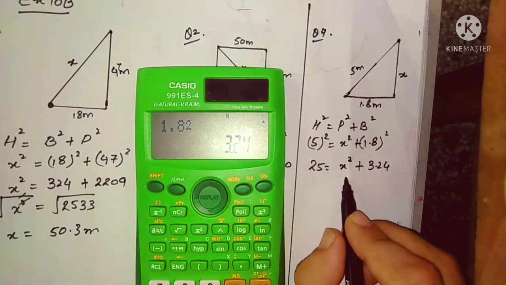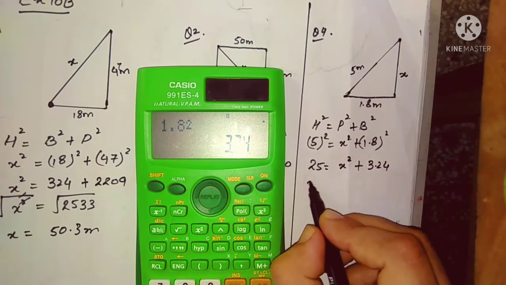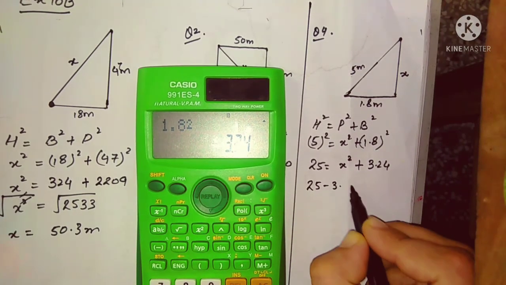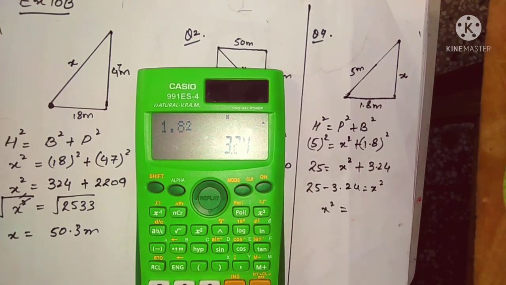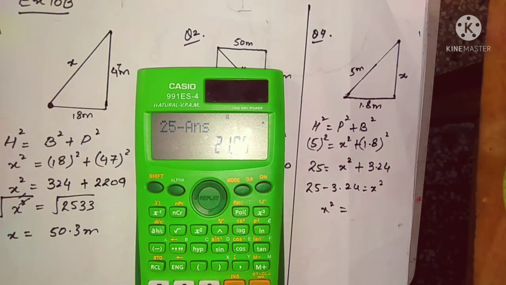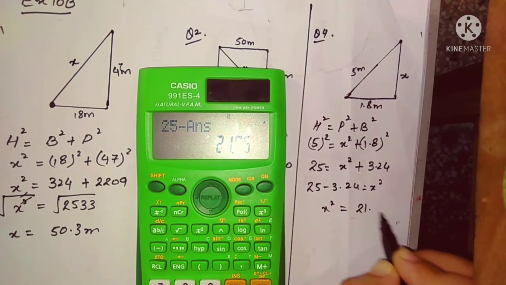As we have to find out the value of x, 3.24 is adding over here and it will come to this side and will be subtracted. So 25 minus 3.24 will be equal to 21.76.